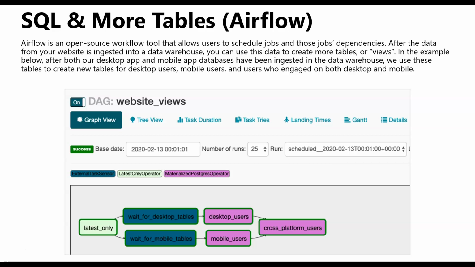I'm just trying to see what we're seeing here. He did a screenshot kind of something here. Number of runs scheduled. So desktop users and mobile users, and cross-platform users. Interesting.